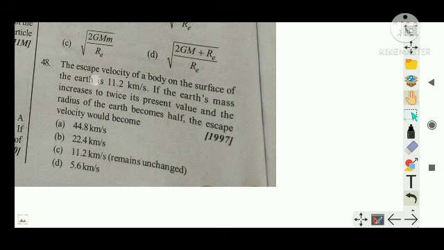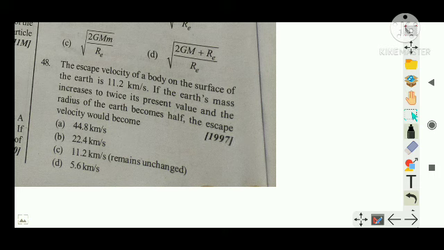48. This is a straight question. Escape velocity is 11.2 km per second. Earth's mass is increasing to twice its present value, and the radius is reducing to half. How much will be the escape velocity? Simple.